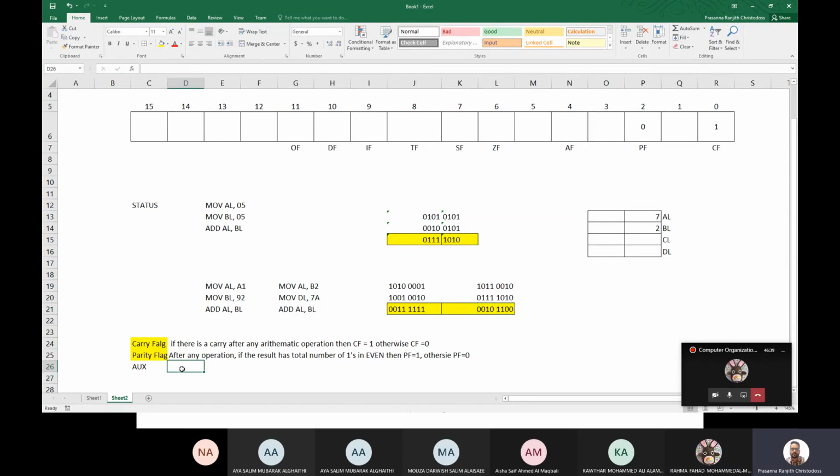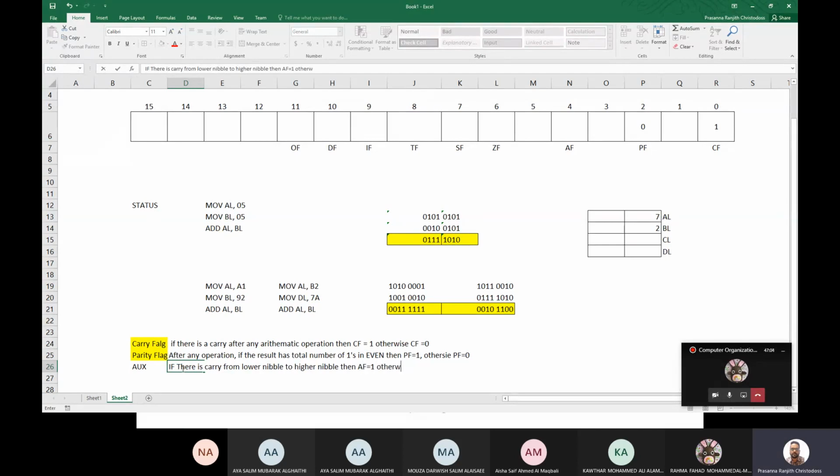Okay? If there is a carry from the lower nibble to the higher nibble, then AF equals 1.